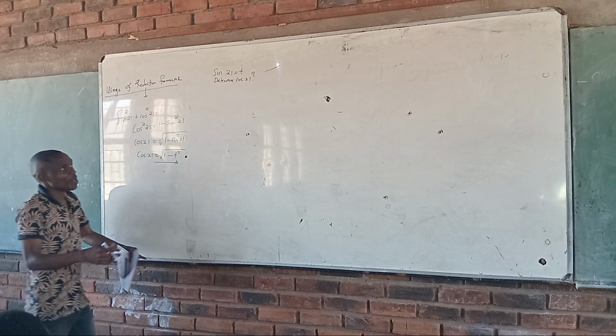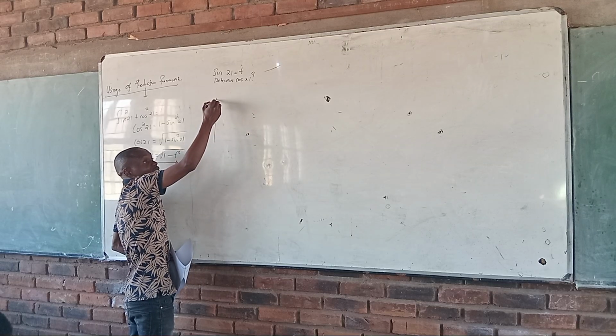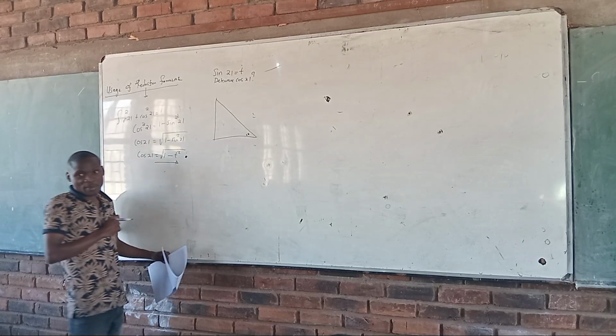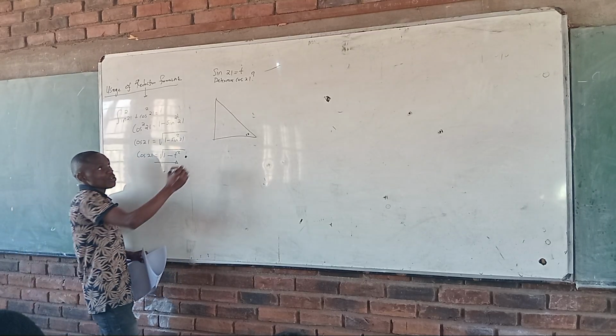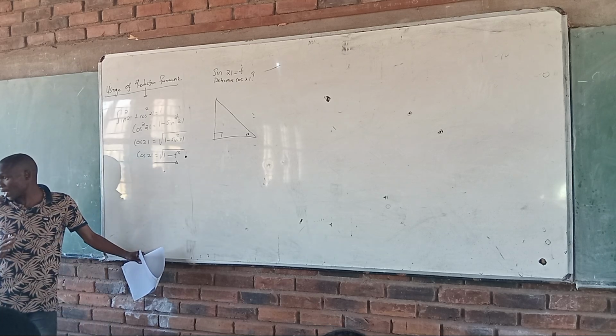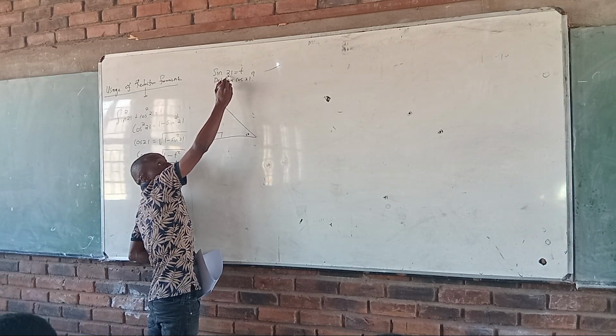Differently, let's see if we try to use the diagram. Let's try to use a right angle triangle and see if we can get the same answer. We know that here we must have 90 degrees if it's a right angle triangle. And we have the reference angle 21.